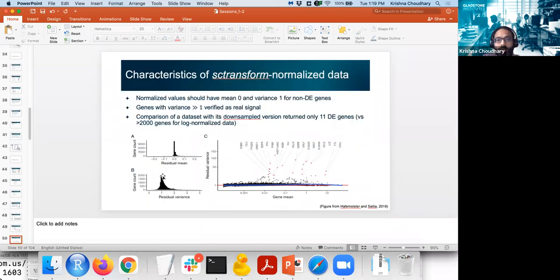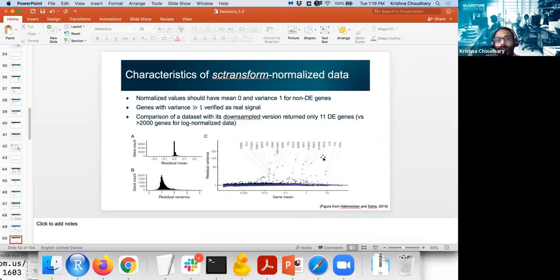And also, one can look at the variance of the normalized values, and the theoretical expectation for the variance of genes which are not differentially expressed across the population is that they will have a variance of 1, or distributed around 1.